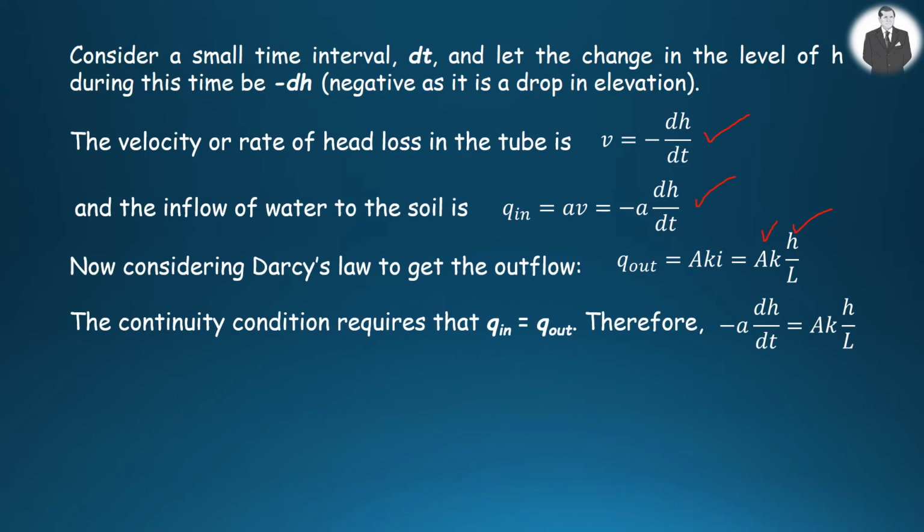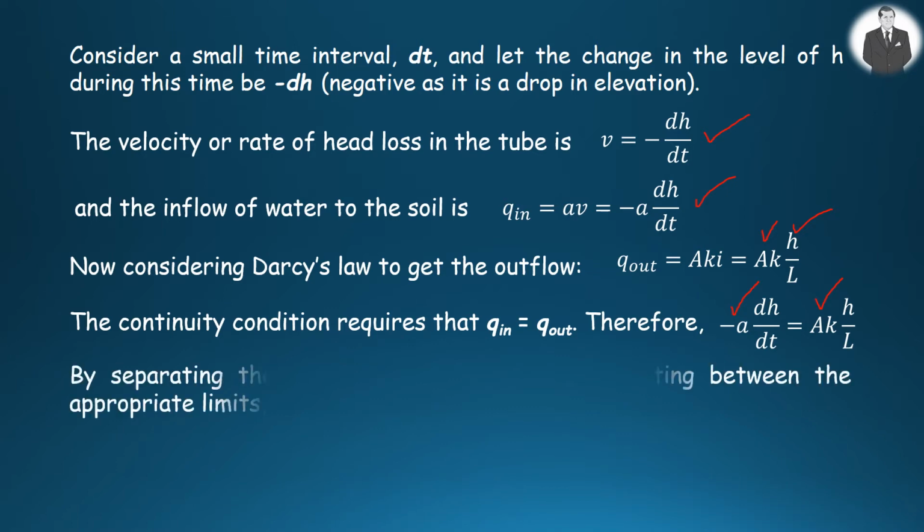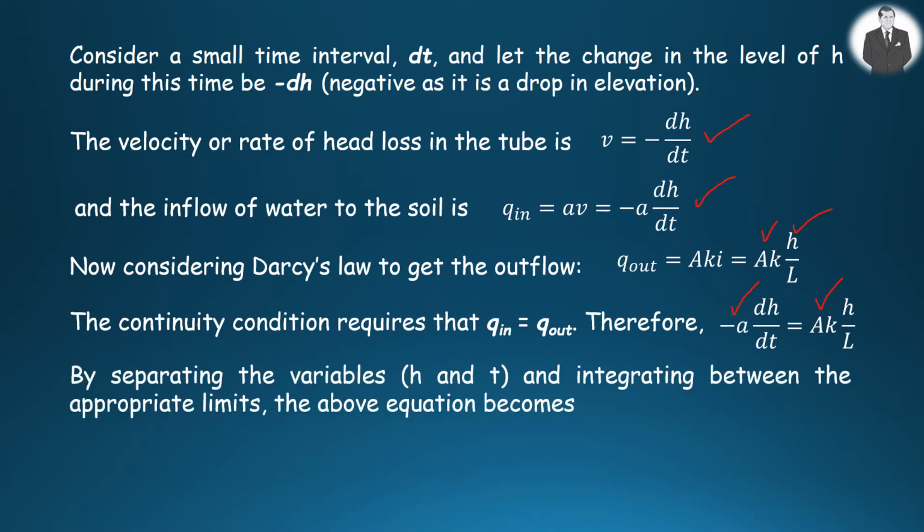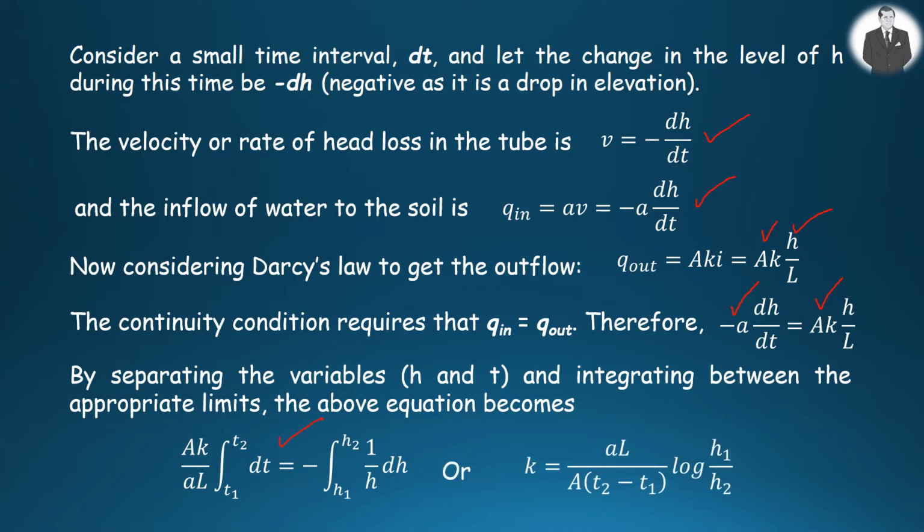Therefore, minus A times dH over dt is equal to A times K times H over L. Separating the variables and integrating between the suitable limits as given here, the above equation leads to this formula, which is used to calculate the permeability of fine-grained soils subjected to the falling head permeability test.